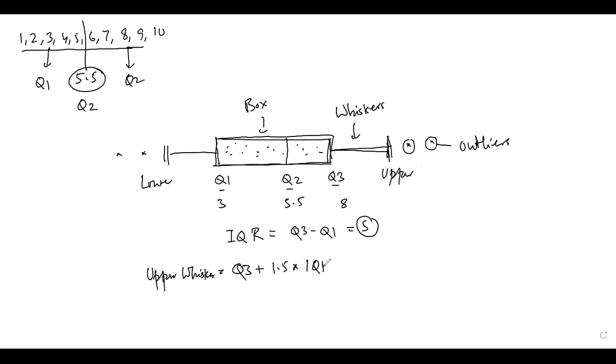Here Q3 is 8, plus 1.5 into 5. 1.5 into 5 is 7.5, so 8 plus 7.5 is 15.5, right?